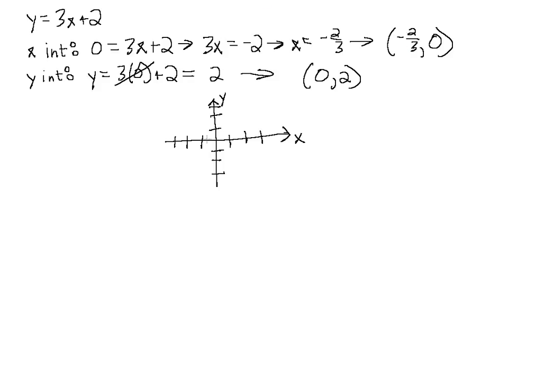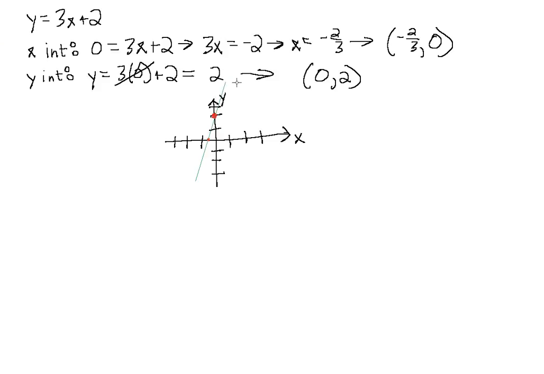So we go on the x-axis to minus 2/3, which should be somewhere right in here, and 0. So plot this point. And then our y-intercept is 0 and 2. So 0, 1, 2. Okay, so there's our next point. And all we do is connect these two with a line.